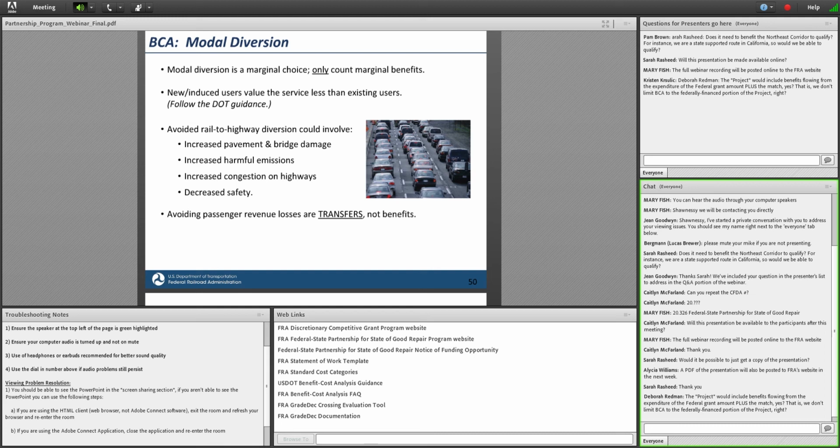So those are not actually benefits, they are transfers between your service and someone else's service. We do realize that it is in fact a loss to you, but that is how OST has directed us to consider those particular benefits.